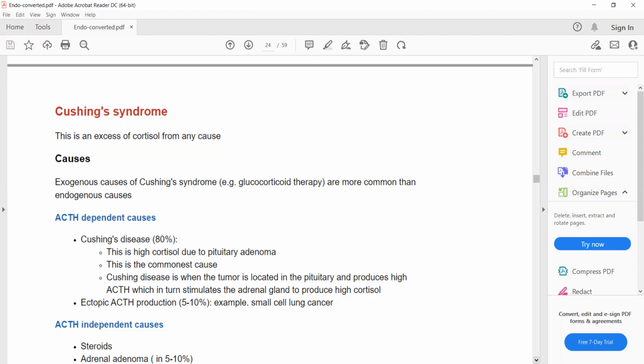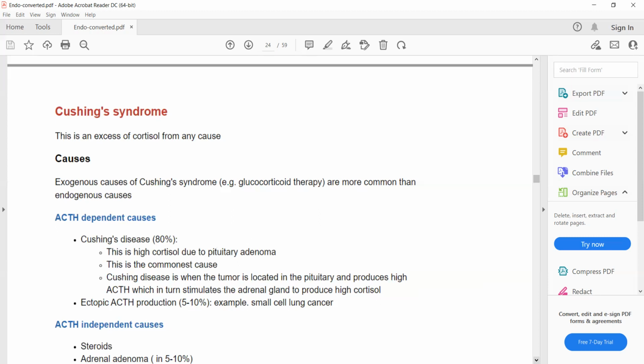So the important hormones that are secreted by the adrenal cortex are cortisol and aldosterone. If there is excess of cortisol or aldosterone, then this is known as Cushing syndrome. So Cushing syndrome is basically excess of adrenocortical hormones, which is cortisol and aldosterone.